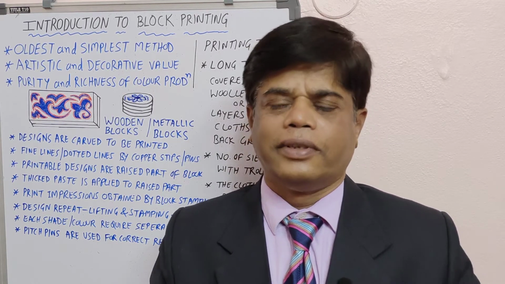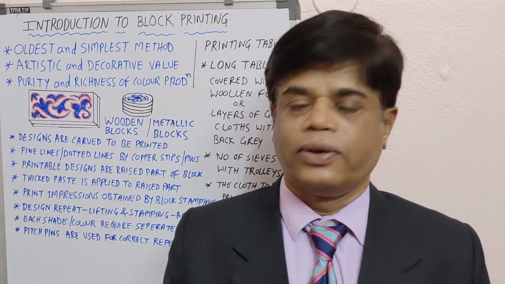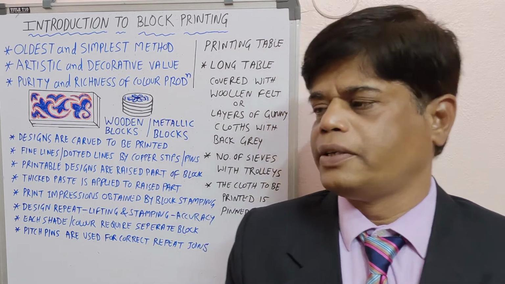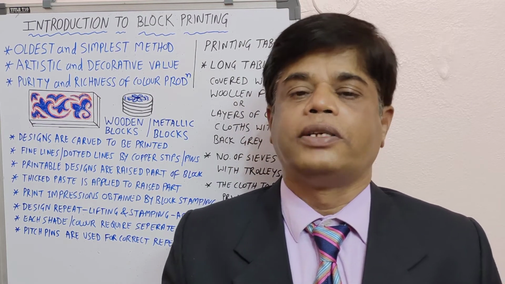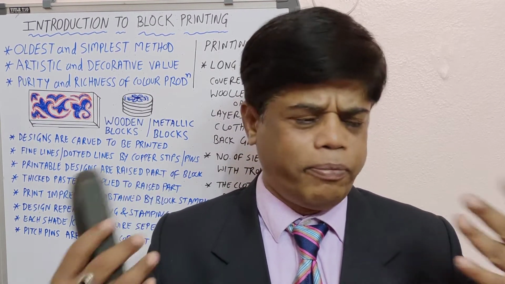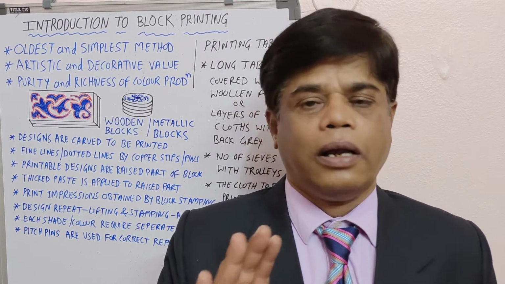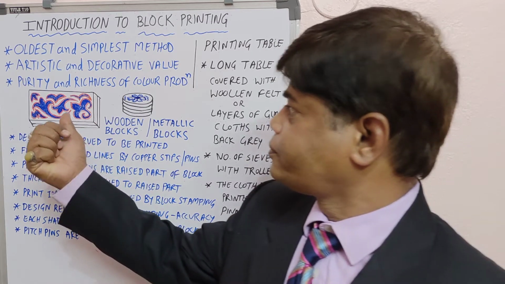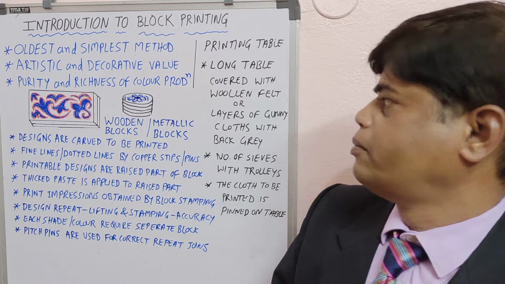Likewise curtains, window curtains, door cloths or TV covers. Also in olden days it was used for many purposes, for wearing clothes and other things on cottons. Here there is purity and richness of the color production.